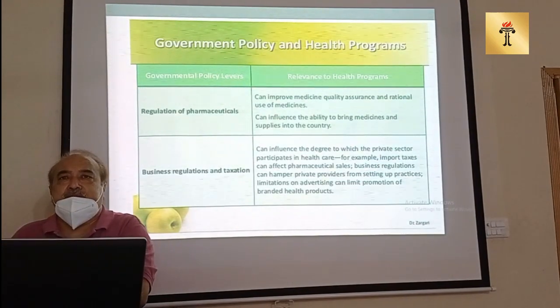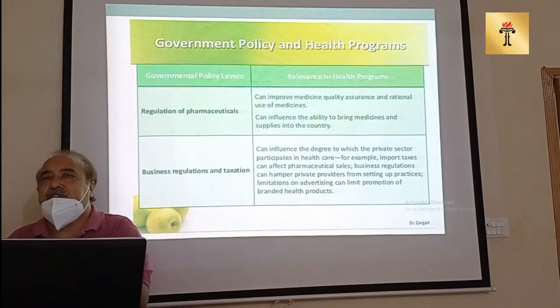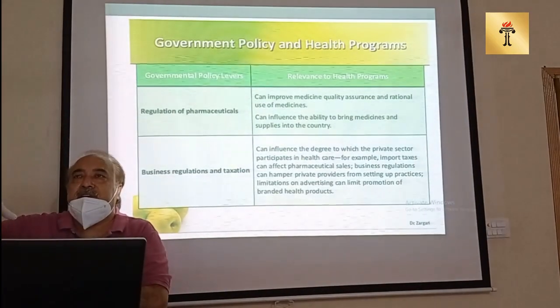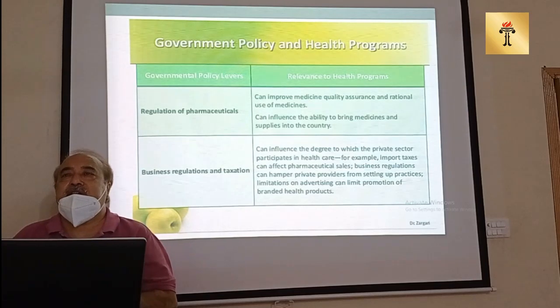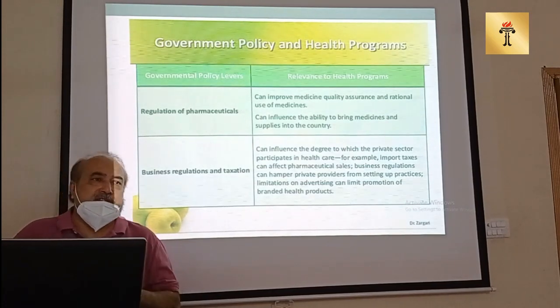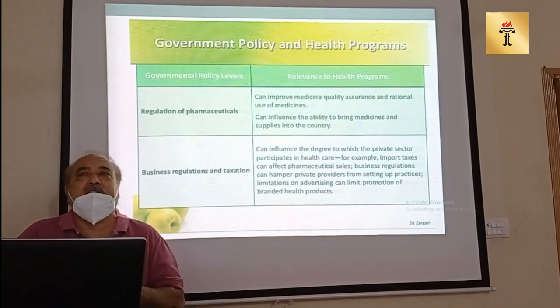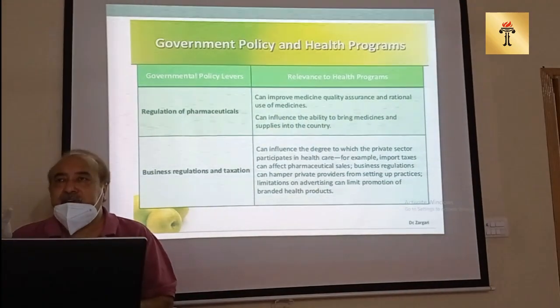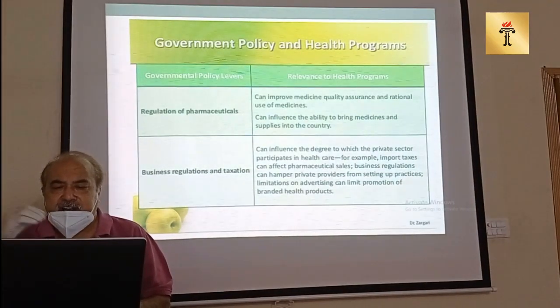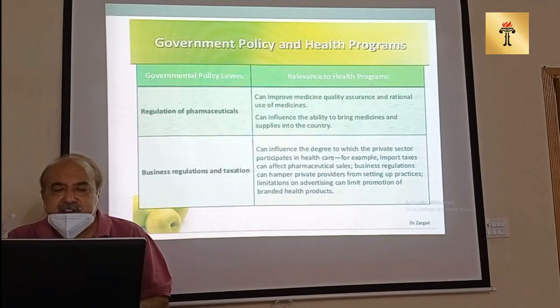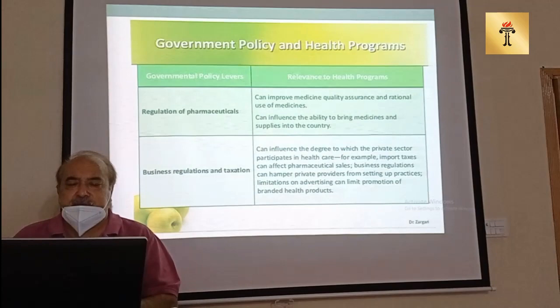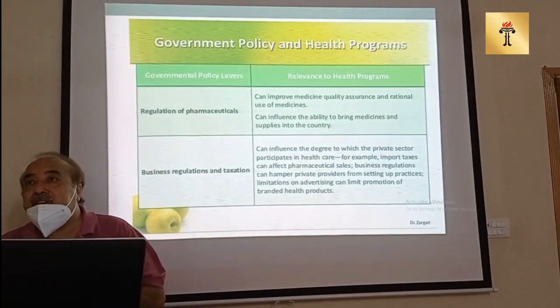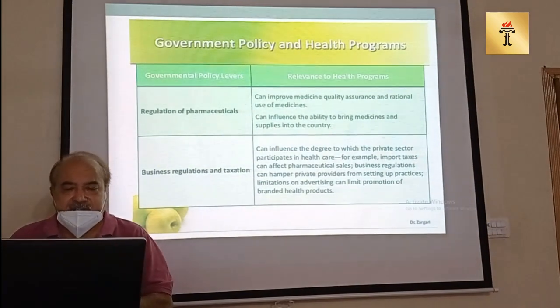Although the pharmaceutical companies have their own system of quality assurance, the government has its own drug testing laboratories, and before a drug is provided to the public, it goes through certain tests in the laboratory so that it can be made effective for the patients. And this regulation of pharmaceuticals can also influence the ability to bring medicines and supplies into the country. Already I was discussing that.